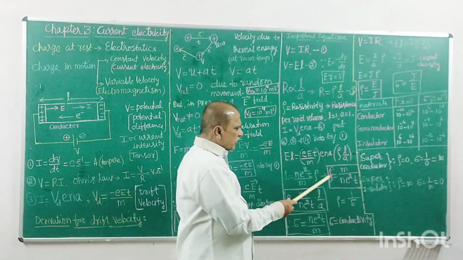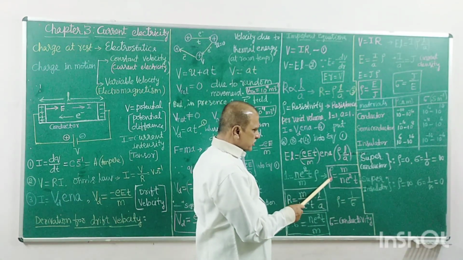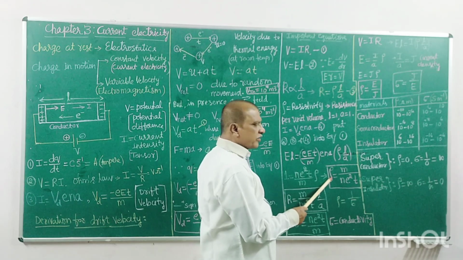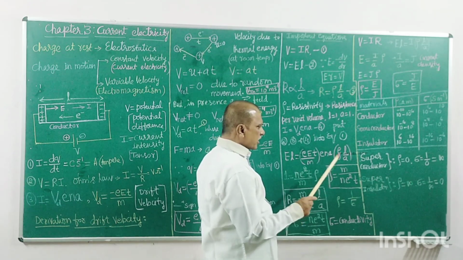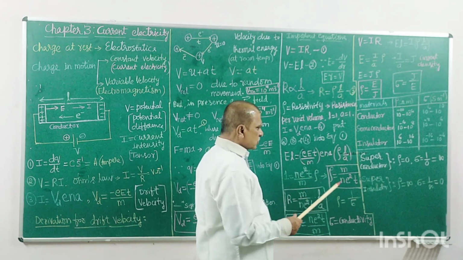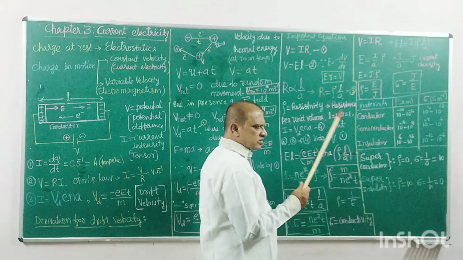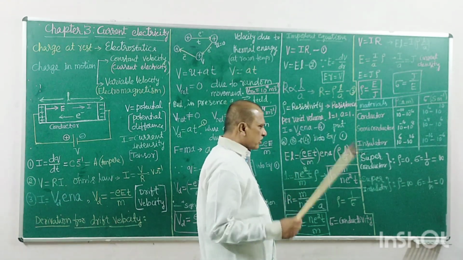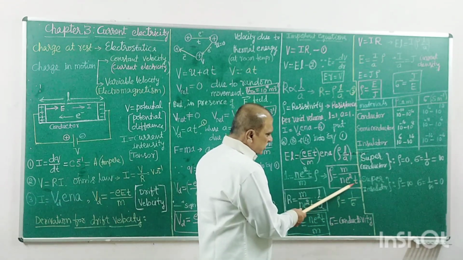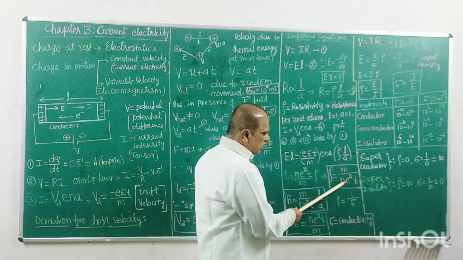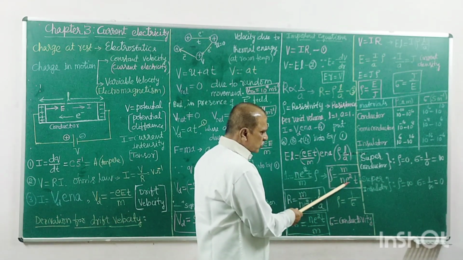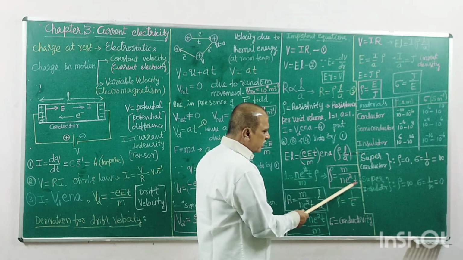What is resistivity? Resistivity is a property of the material. It characterizes the material. m means electron mass, which remains the same for electrons in all materials. e is the electron charge, which is constant. The only variables are n and τ.